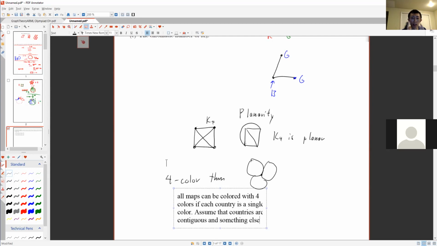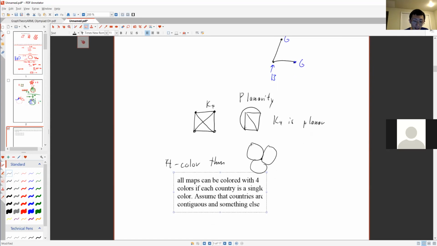Let's say the United States. If you color every state one color, and no state can be the same color as an adjacent state, then the 4-color theorem says you can do that with 4 colors.